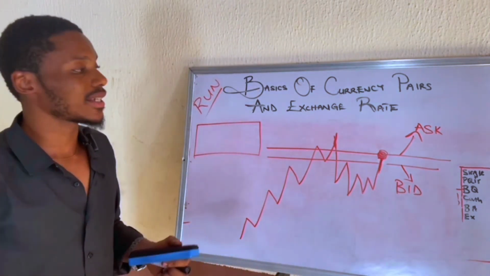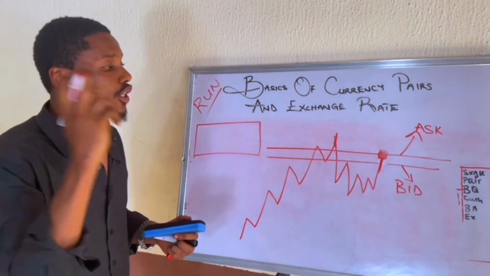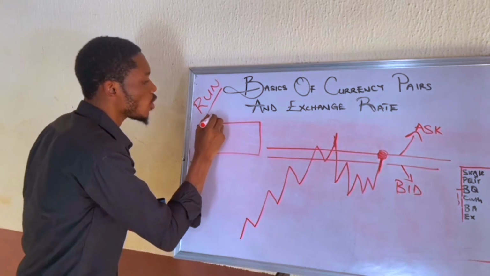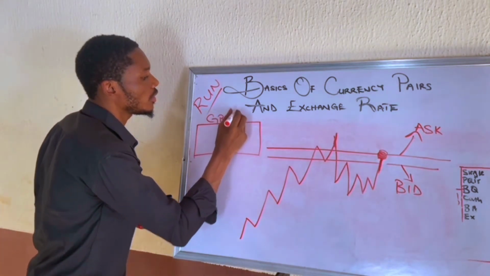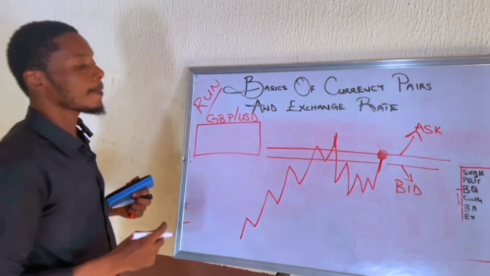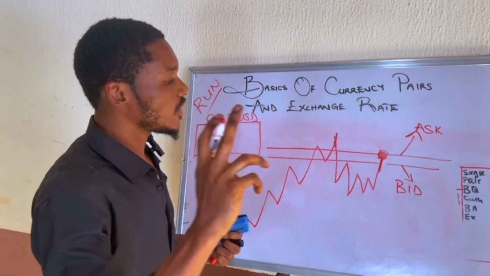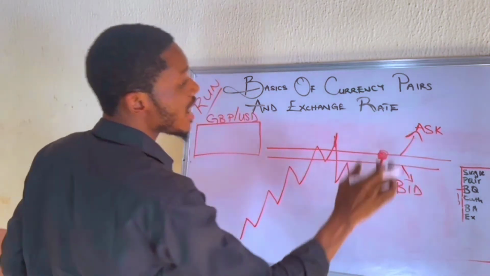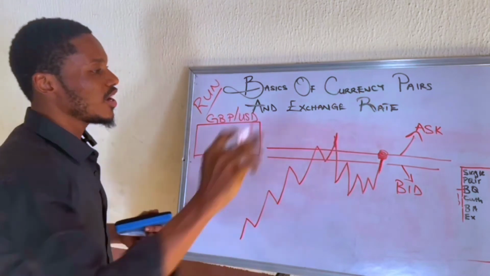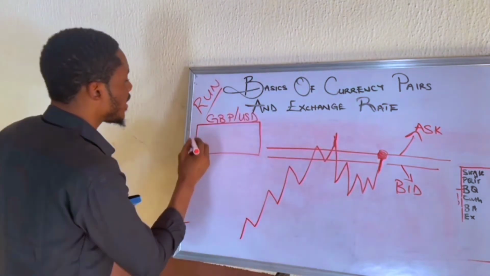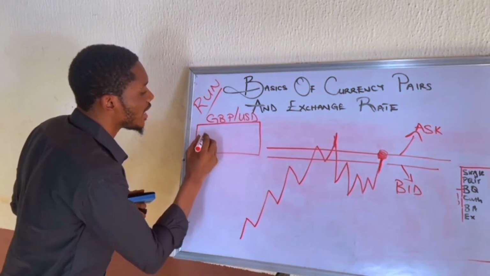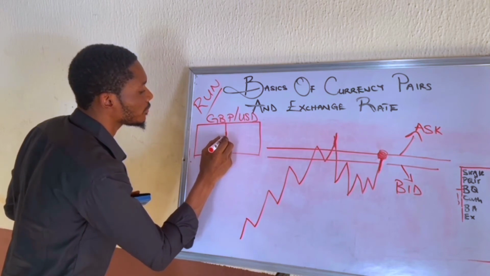So in Forex, there are always two prices for each currency. So we are still working with GBP/USD. There's always two prices for each currency. We have the bid price and the ask price. So you understand more of this. Now, on this right hand side, you have this box here.